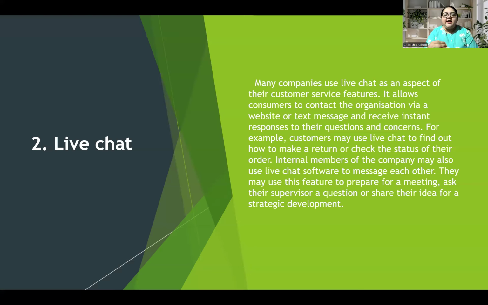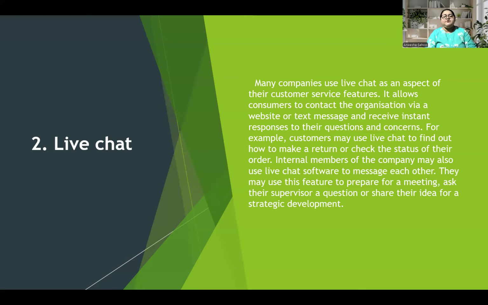Rather than wasting time going up to that person to ask something, I'll definitely do a messaging in the internal member group of the company, and there will be a quick response as a live chat, because the software used in this kind of live chat is very fast and efficient. So they may use these features to prepare for a meeting, ask their supervisor a question, or share their ideas for strategic development.